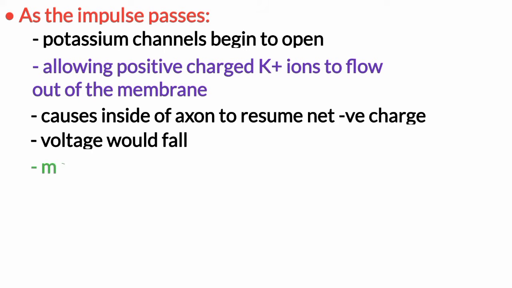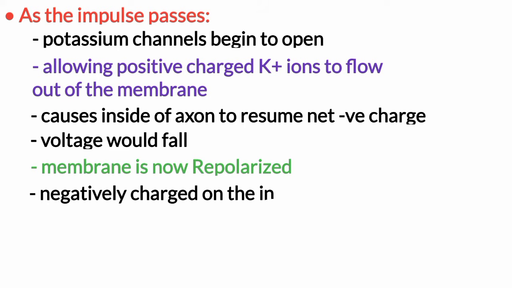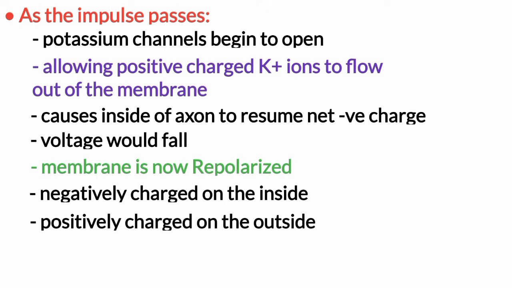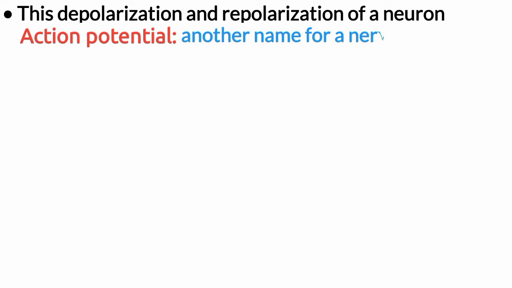The membrane is now said to be repolarized because again it is negatively charged on the inside and positively charged on the outside. So this depolarization and repolarization of a neuron membrane is called an action potential. Action potential is just another name for a nerve impulse.